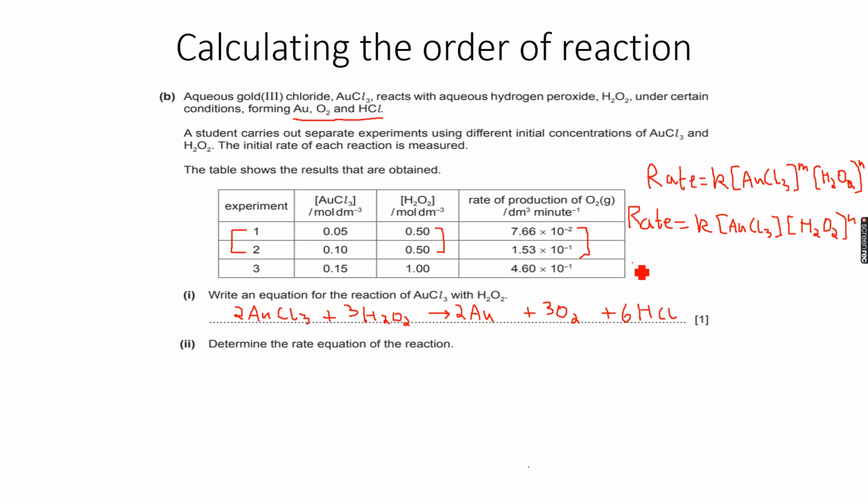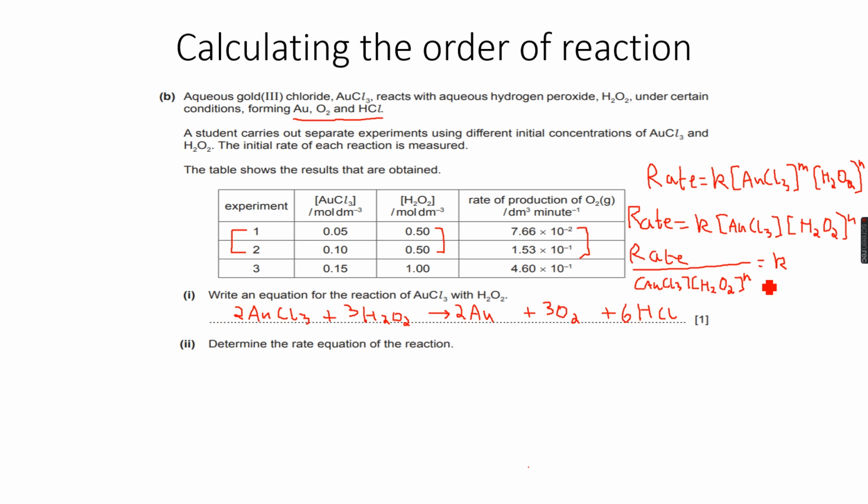The only thing I need to calculate is the value of n. So I can also rearrange this equation as rate over the concentration of AuCl3 times the concentration of H2O2 to the power of n is equal to k.